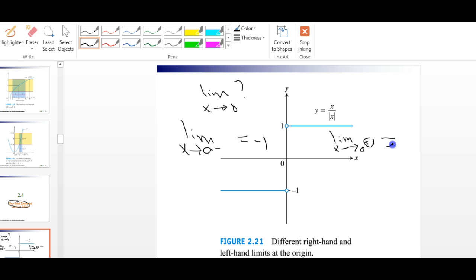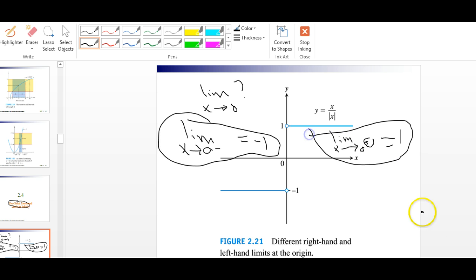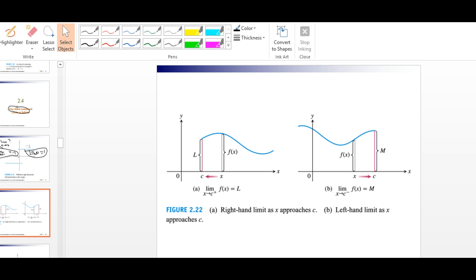And what is that equal to? 1. So the left limit is negative 1 when approaching from the left. When approaching from the right, the right limit is 1. So that is the concept of the left limit and the right limit.